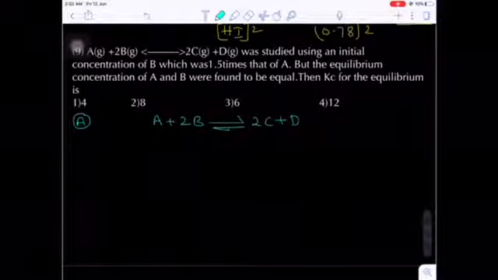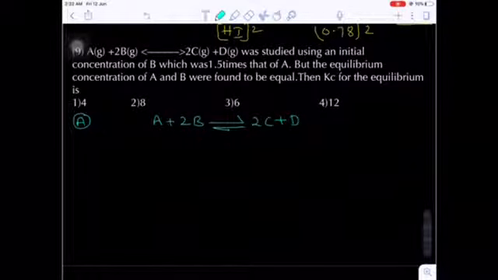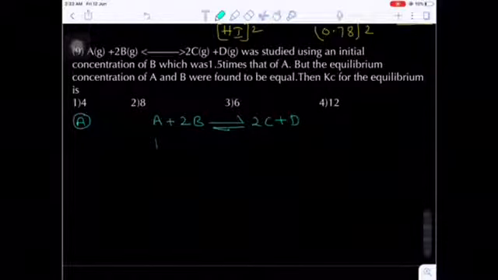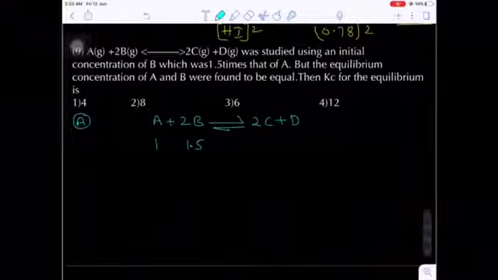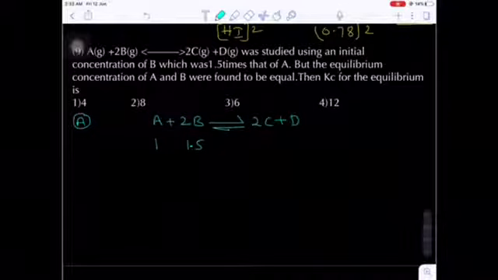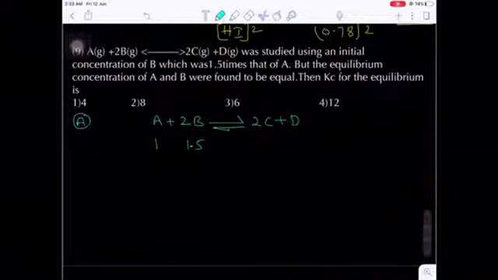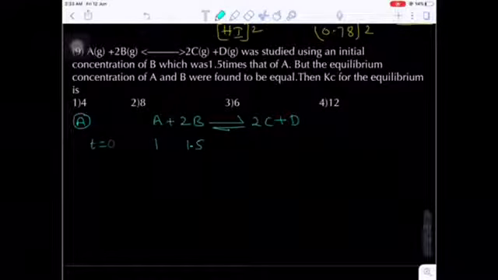This is a gas phase equilibrium. Initially the concentration of B was 1.5 times that of A. That means if I take the concentration of A as 1, then the concentration of B becomes 1.5 times. Are you getting my point? So for convenience I am taking 1. If you want to take X, then the concentration of B becomes 1.5 times X.